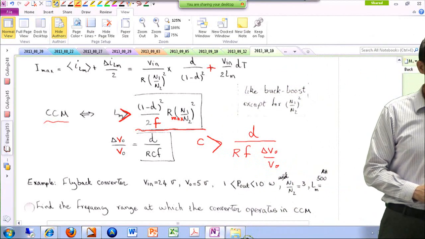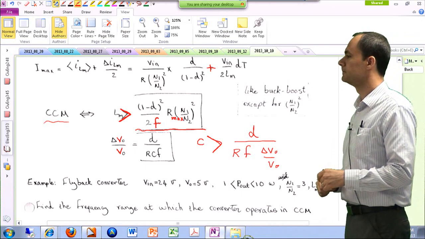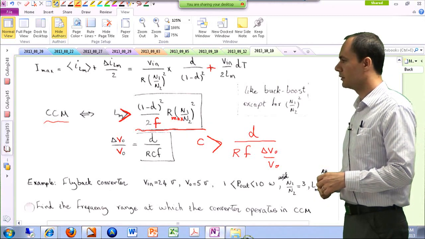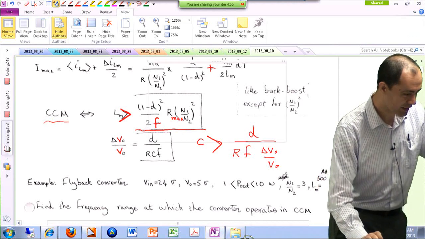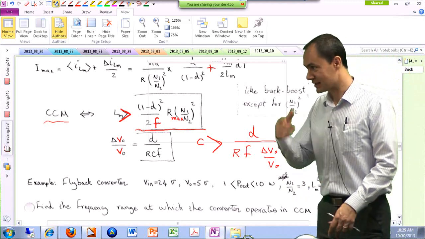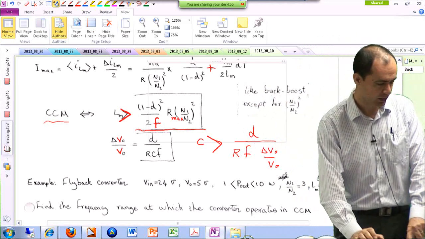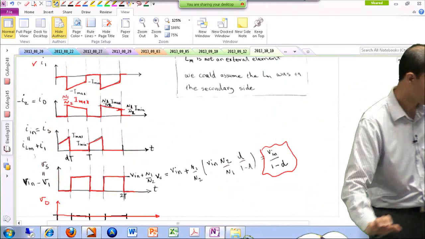Other questions? Dr. Ferdowsi, in the first mode, I source is equal to the ILM. So can we measure the ILM by measuring I source? That is a good point. Yes, we can. In the second mode, it's something different. Let me look at these waveforms.